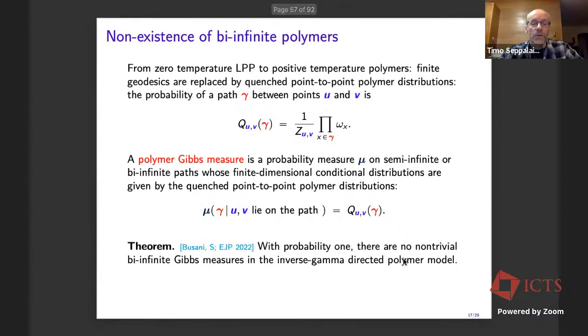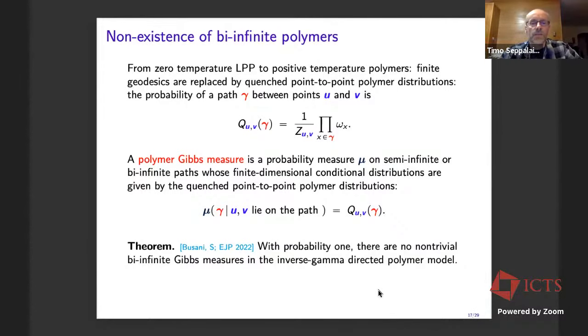And then the theorem with Ofer Busani is that with probability 1, the inverse gamma polymer model has no non-trivial bi-infinite Gibbs measures. Again, you have to put that non-trivial business there because you have these flat lines.